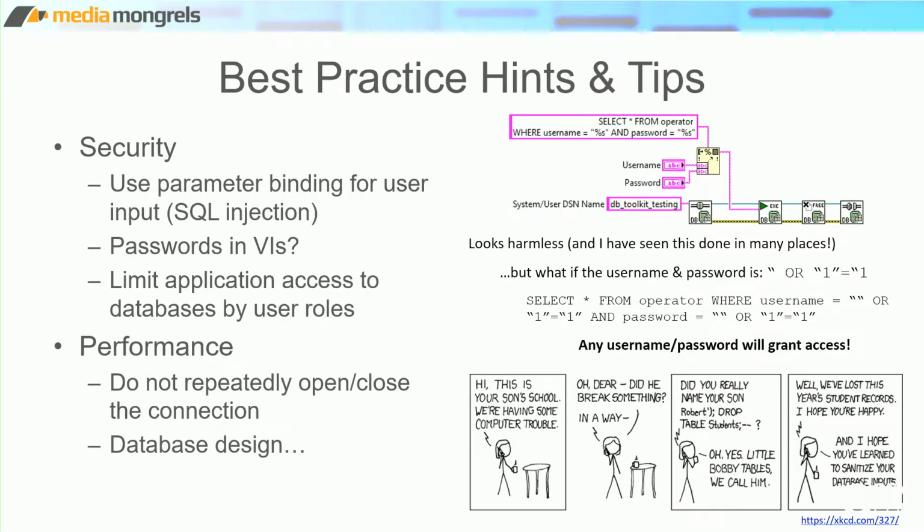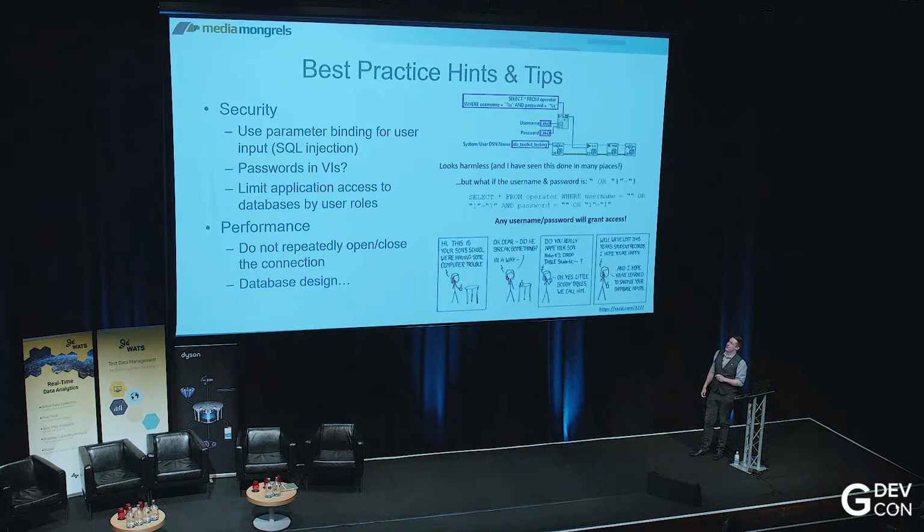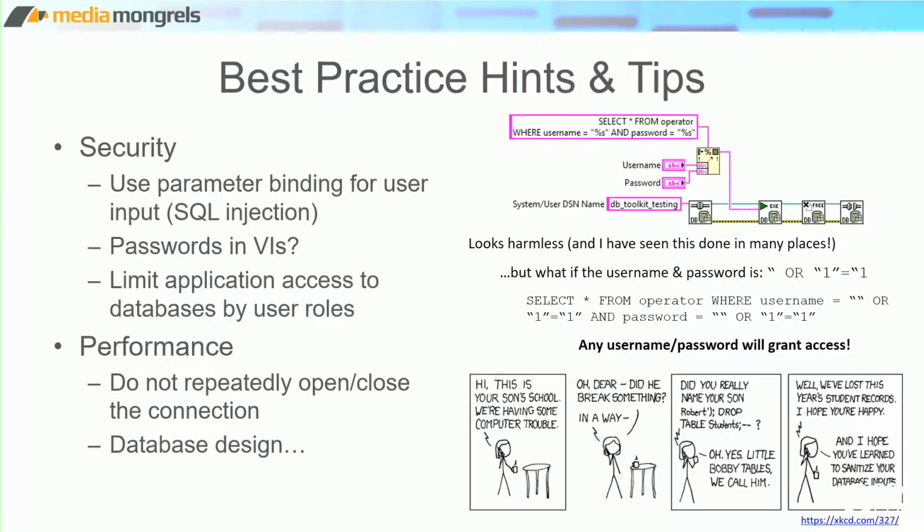A couple of best practice hints and tips I've picked up over the years. In terms of security and robust applications, one thing you should be aware of is SQL injection, and this is highlighted over here. This XKCD is a perfect example of this. If you put in some malicious string as your username or user field, you can do things like drop tables and delete your database.